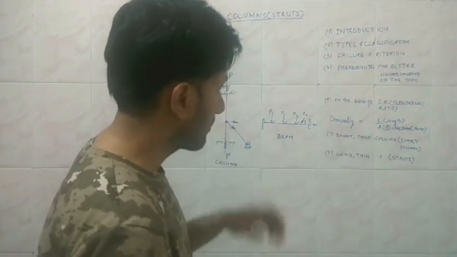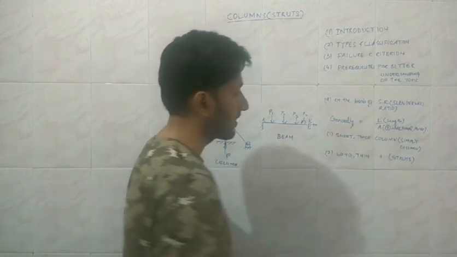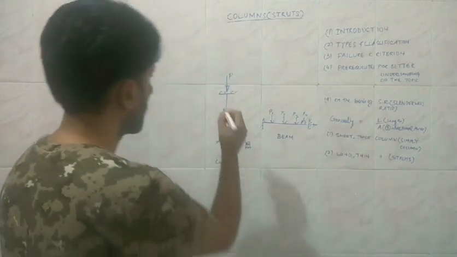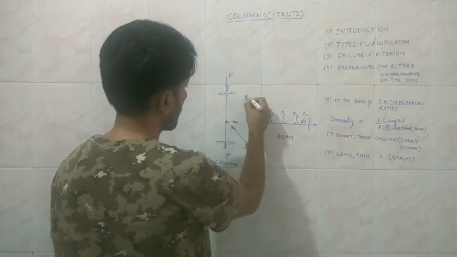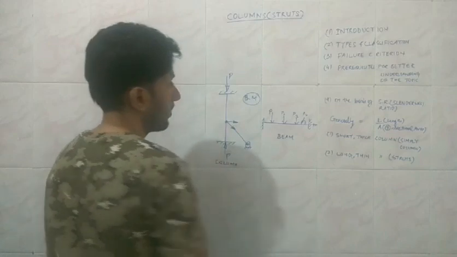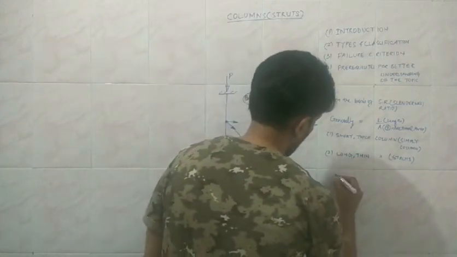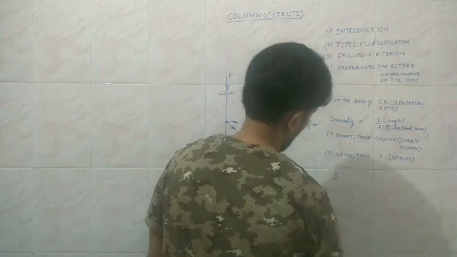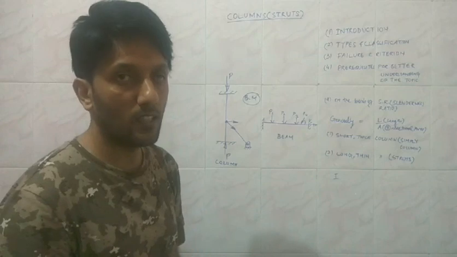So the parameter which incorporates these two resistances, one for the direct loading and another for the indirect loading, which in case of beams and columns is the bending moment, is called the moment of inertia, or not moment of inertia, specifically the second moment of the area.